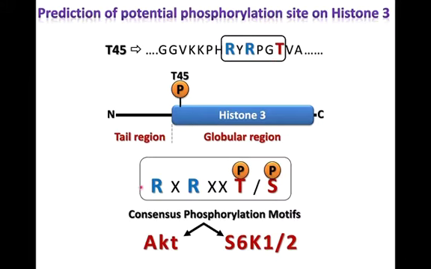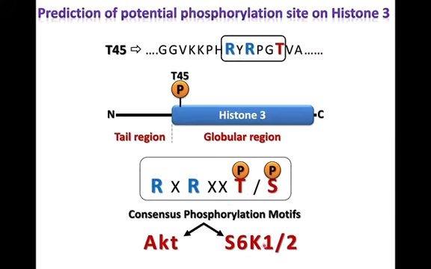We call this consistent sequence a phosphorylation motif: RXRXXT/S. These kinases can phosphorylate either T or S, but the important requirement is that the S or T exists in this consecutive sequence.